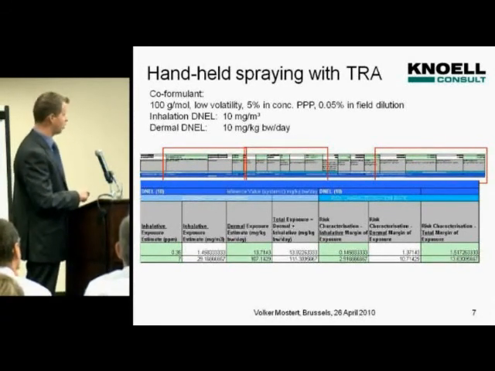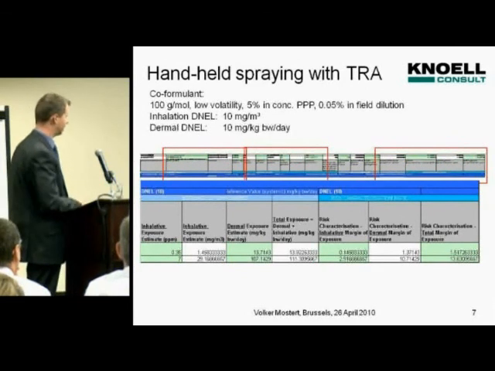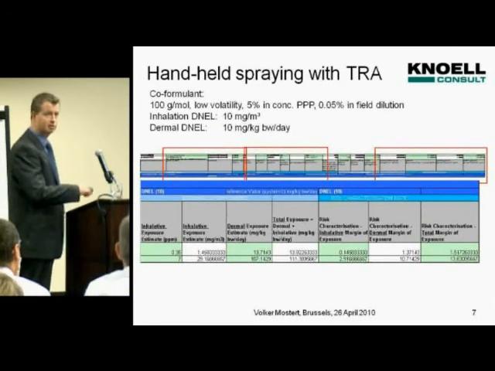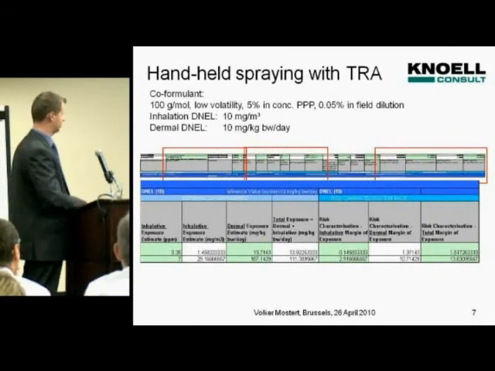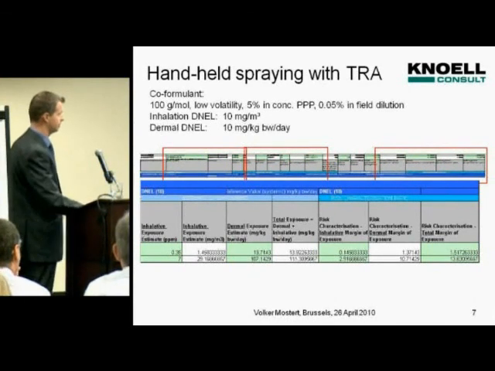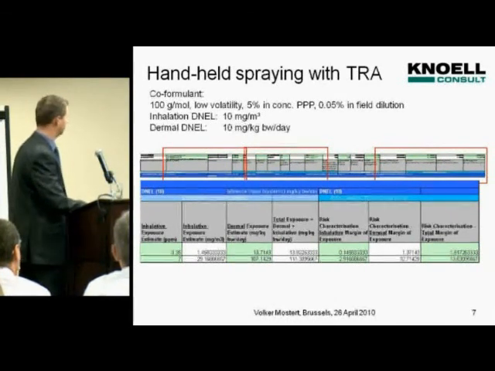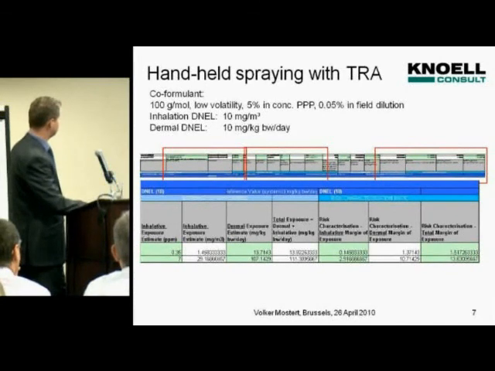So this is just a wrong choice of words by TRA, and it could have been changed in the recent update, but it has not been changed. So it's still using the wrong vocabulary here. Anyway, even with this little mixing and loading task of less than 15 minutes, you are greater than 1 here.